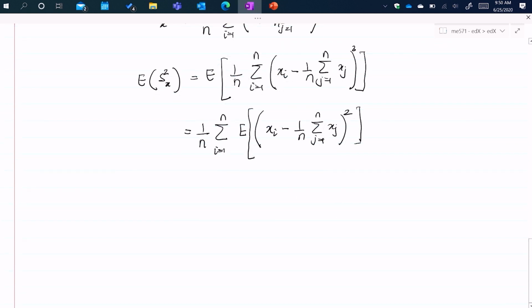So now I can go ahead and expand the square term inside the expected value.